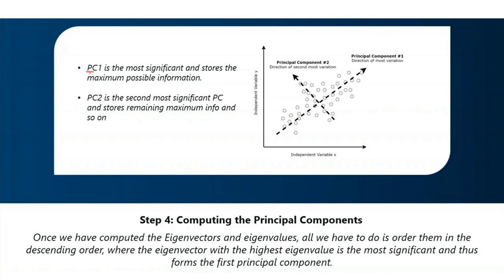The component or attribute which gives the maximum information about the data set will be considered principal component 1. So PC1 gives the maximum information about the data. PC2 is the second most significant principal component and stores the remaining maximum information, and so on.